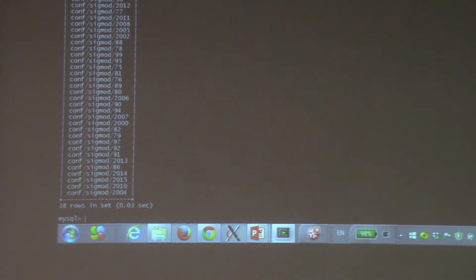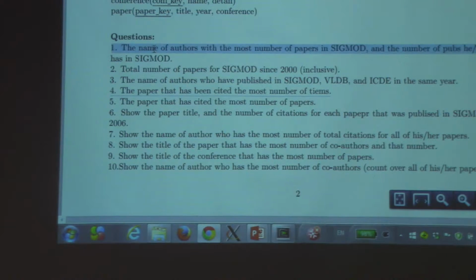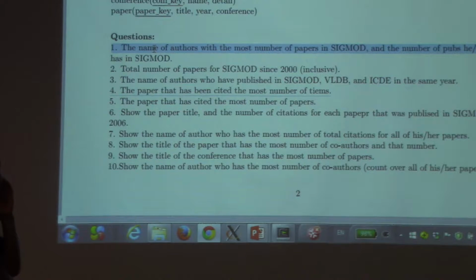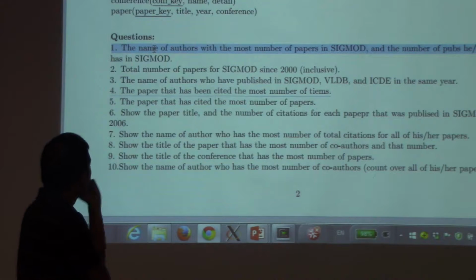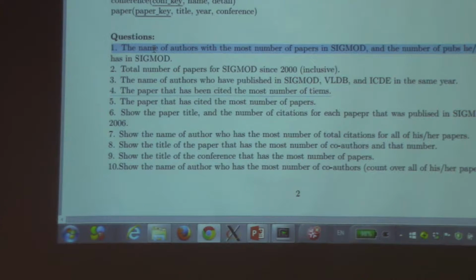The next thing is to look at the query itself: the name of the author with the most number of papers in Sigma and the number of pubs he or she has. So how do you go about solving this? So you have the paper key, right? And in the paper table you have the conference key. Do a join. You do a join between what?